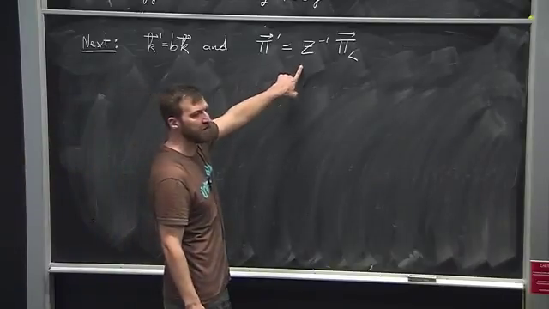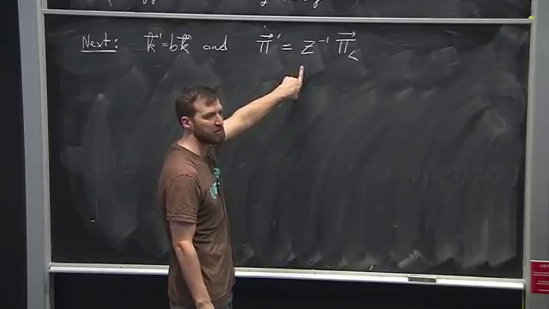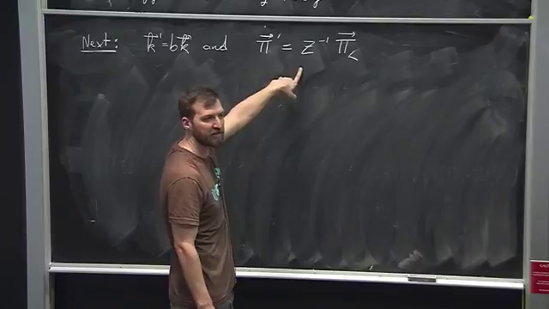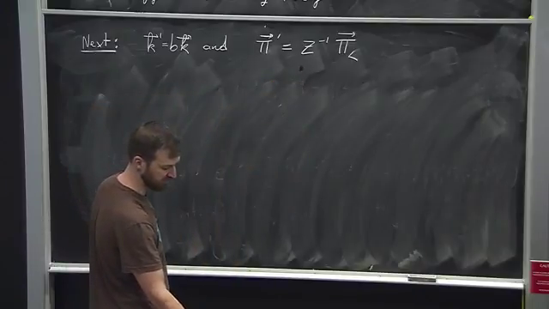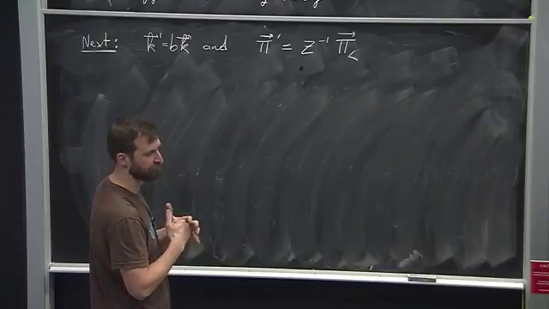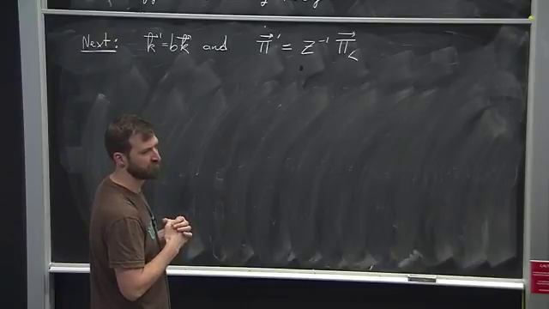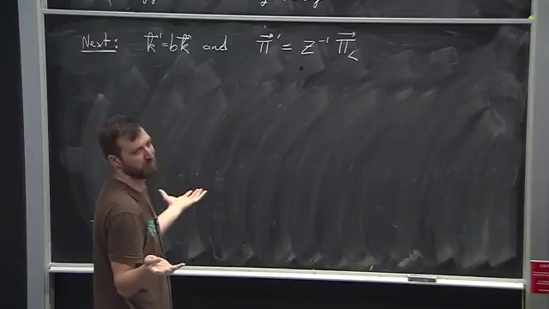Is this the same z as for the Ising field? Remember the scaling dimension for the Ising field? We calculated this. What do you think? Of course not.